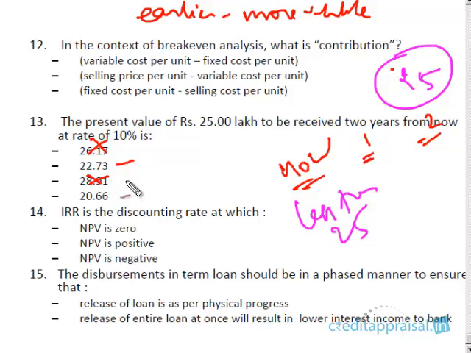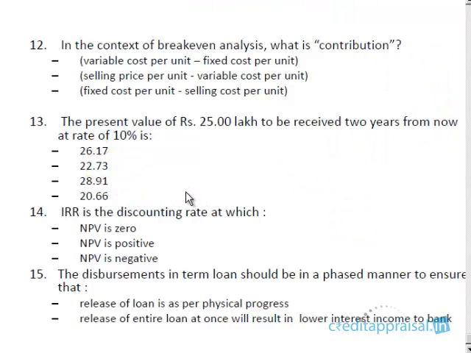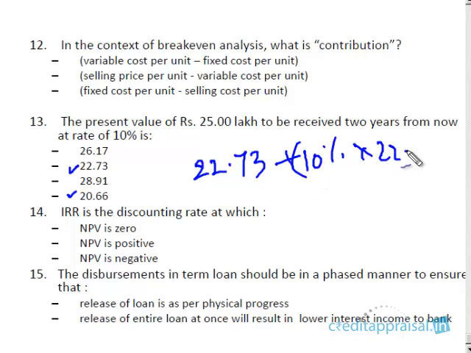Regarding the second option and the fourth option, which is correct? You might say we have to calculate to know the answer, but if you have truly understood the concept, there is no need to calculate. You can work in the reverse way. Take the first option, 22.73. What we are saying is, if we invest 22.73 today at a rate of 10%, how much will it become after 1 year? It will earn an interest of 10% of 22.73.